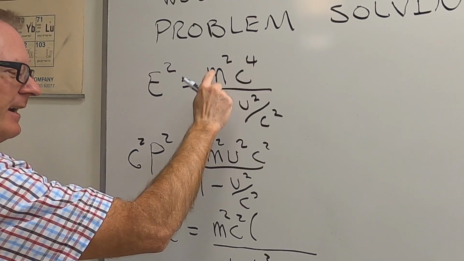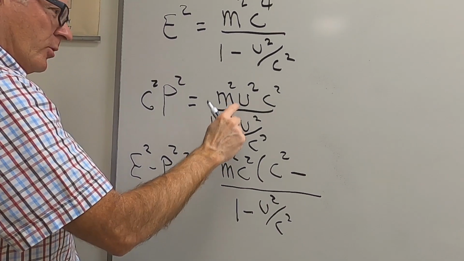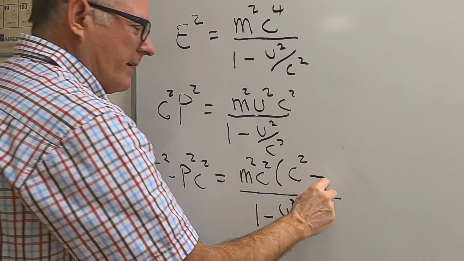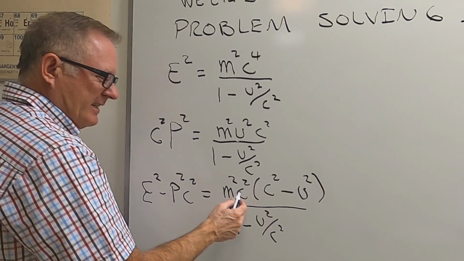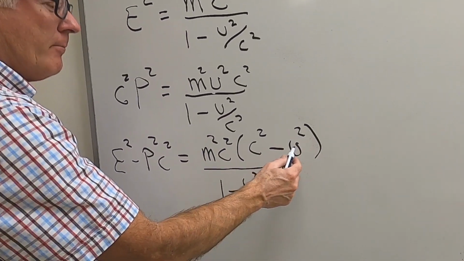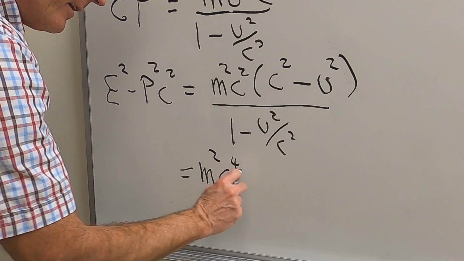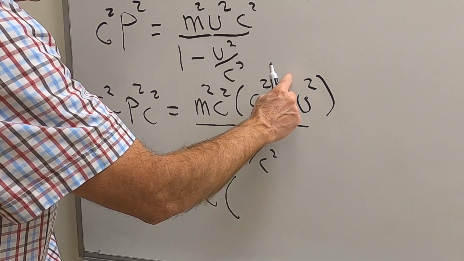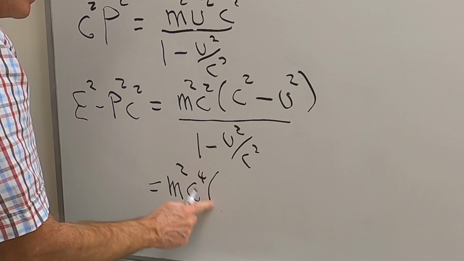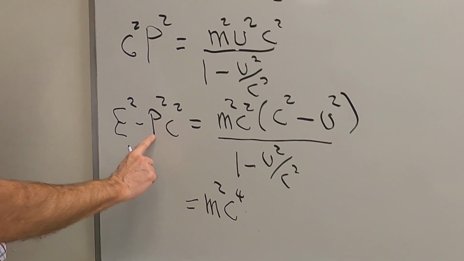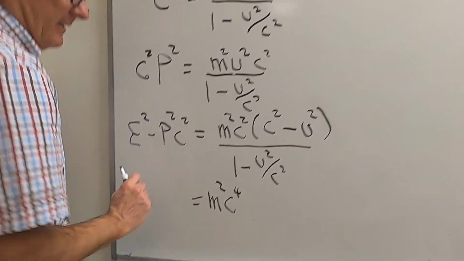Up here, there's still a c squared minus, and since we pulled out the c squared, we're just left with a u squared. Now if I pull out another c squared, I end up with m squared c to the fourth, times 1 minus u squared over c squared, over 1 minus u squared over c squared. That's all gone. It's just E squared minus p squared c squared is just m squared c to the fourth, or E squared equals this plus this.